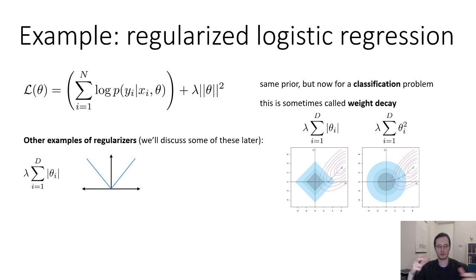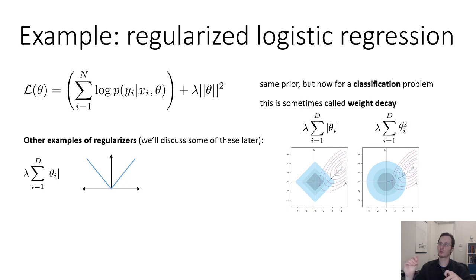But of course, these two terms have to trade off against one another. So intuitively, what you're going to find is a point in parameter space where the regularizer and the likelihood balance out. So it'll be kind of an intersection between contours of the likelihood and contours of the regularizer.